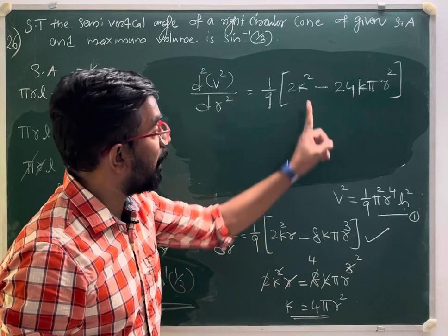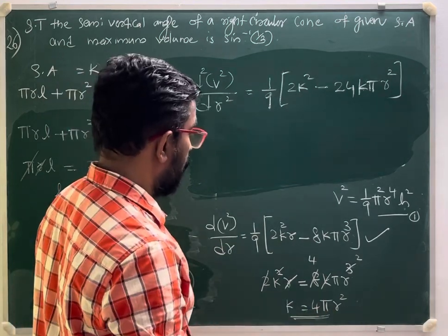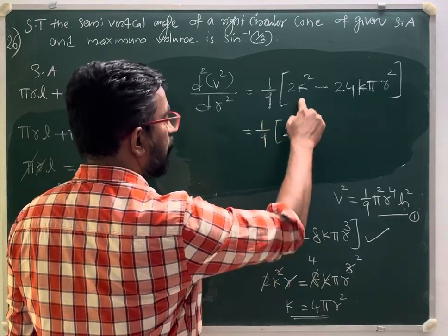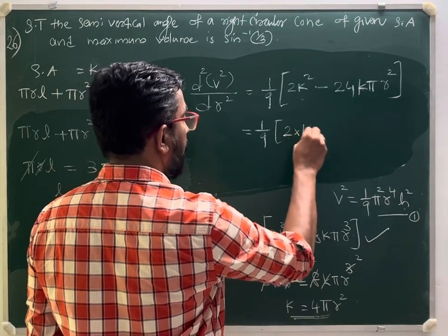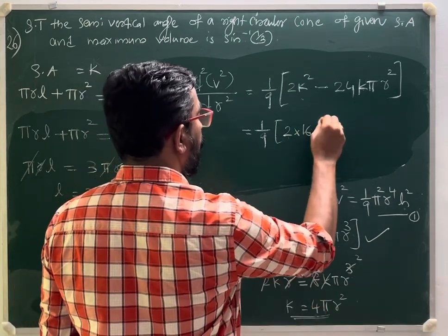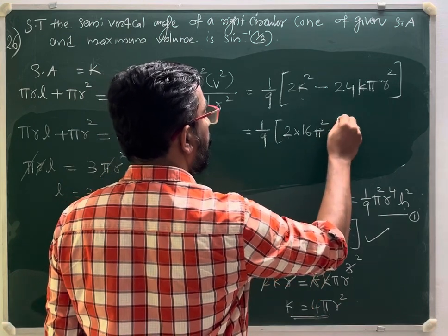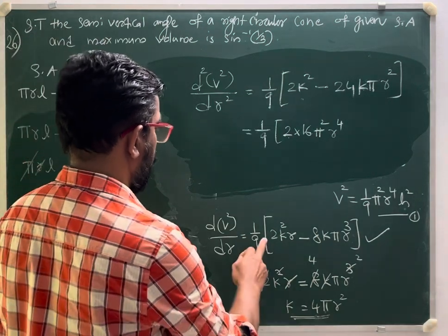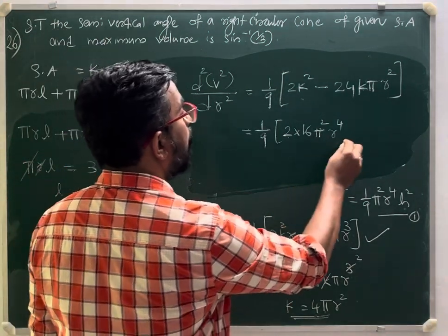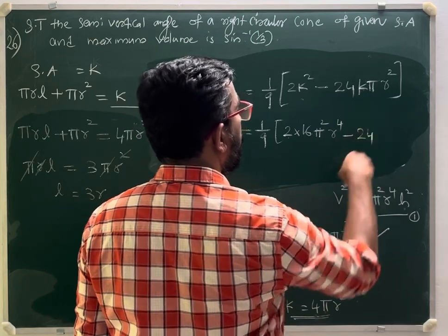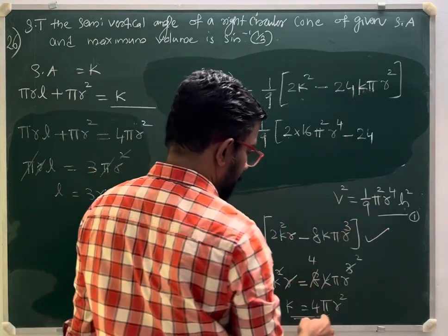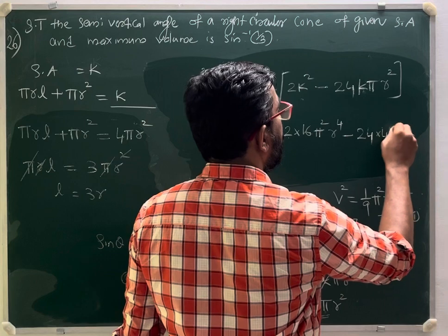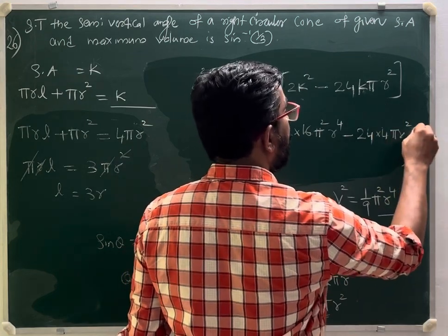So in the place of k, I will put 4 pi r square. So this will become 1 by 9, 2k square. What is k square? Then it will be 16 pi square r power 4, minus 24, and in the place of k, I will put here 4 pi r square, into 4 pi r square.